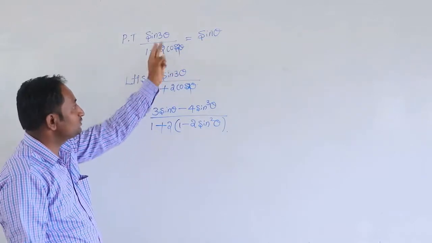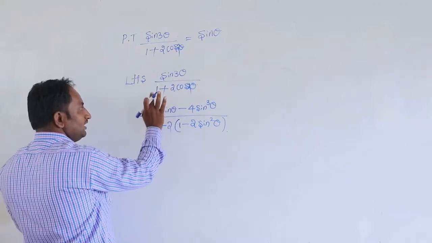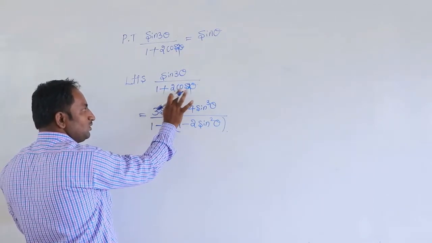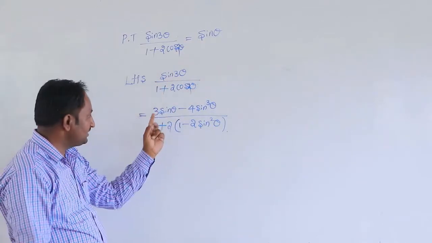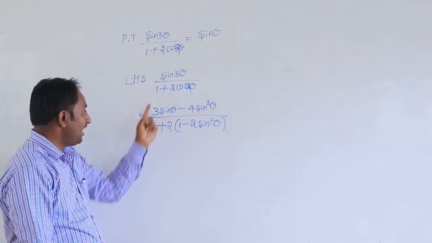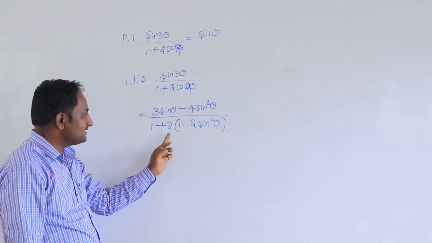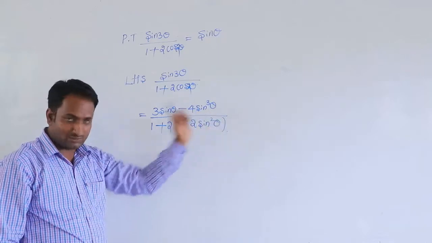Then take it as sin 3 theta divided by 1 plus 2 cos 2 theta. Here sin of 3 theta formula is 3 sin theta minus 4 sin cube theta, and 1 plus 2 as this cos of 2 theta formula is 1 minus 2 sin square theta.